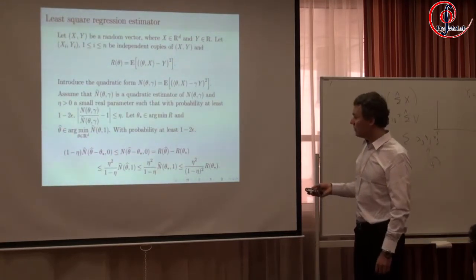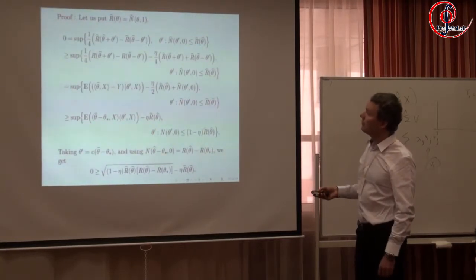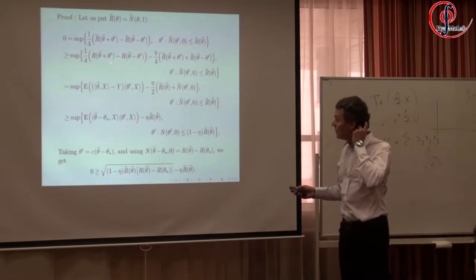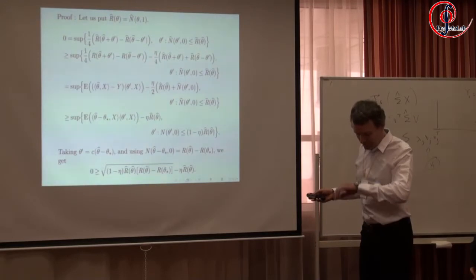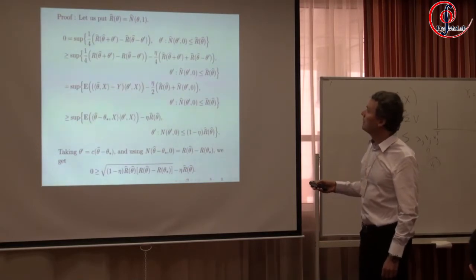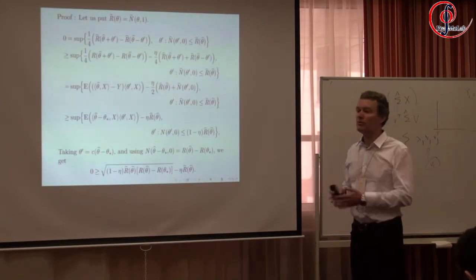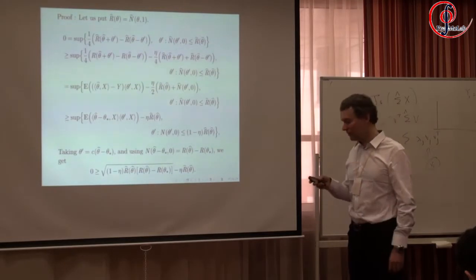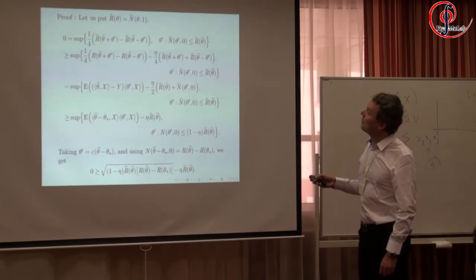So this derivation here is really one simple chain of inequalities based on the polarization formula. Maybe I don't have time to do it in detail, but you just make the remark that when you have a quadratic form and a parabola is symmetric with respect to its minimum, whatever value of theta prime here, this is going to be equal to 0. So this is lower bounded by this, according to my bound.